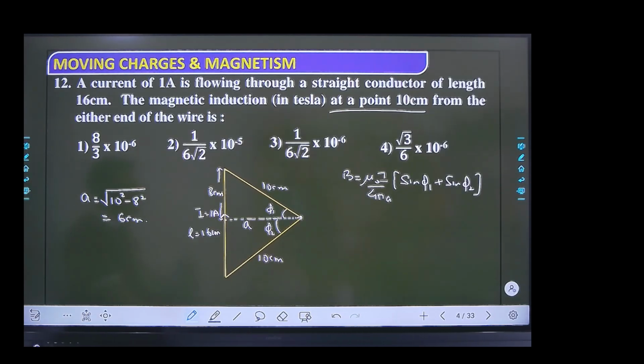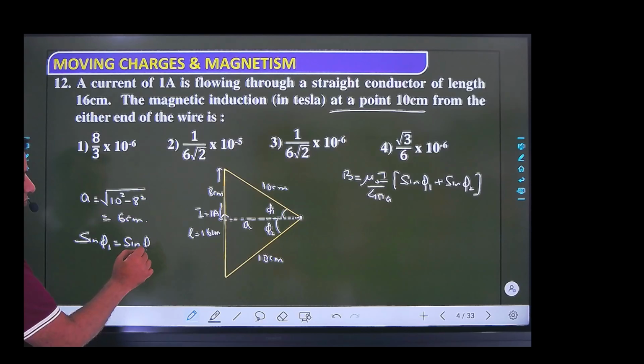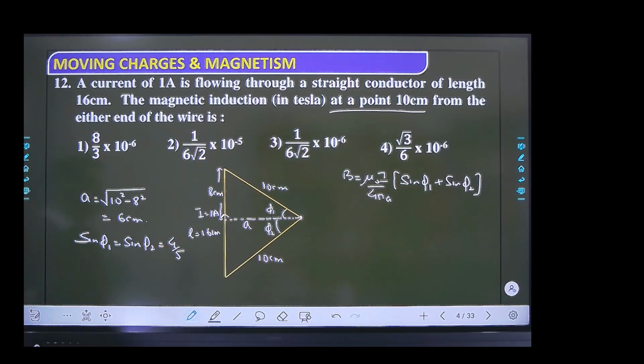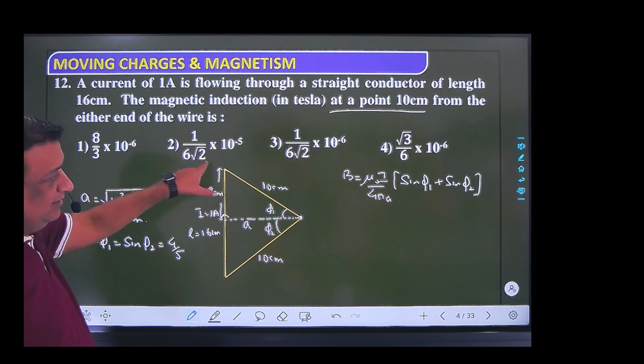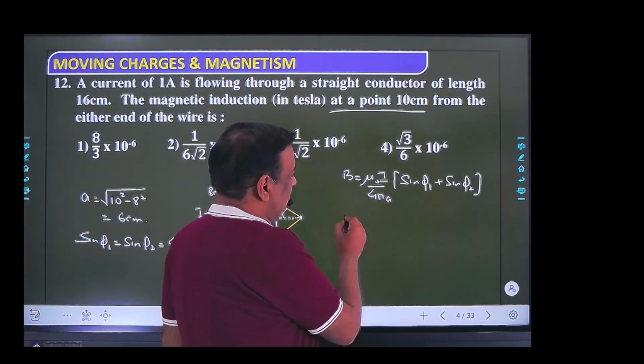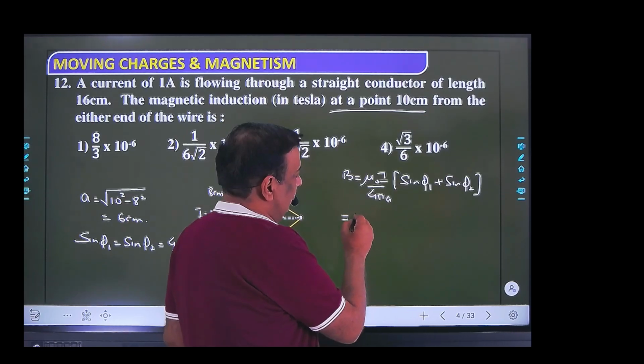Sin phi 1 and sin phi 2: sin phi 1 is perpendicular over hypotenuse, so sin phi 1 and sin phi 2 both will be equal to 8 by 10, or 4 by 5, because this is perpendicular to hypotenuse. A's value is 6, so you substitute in the formula.